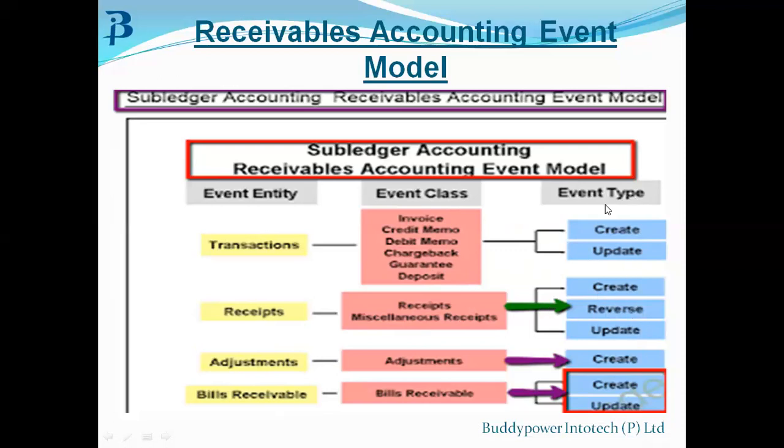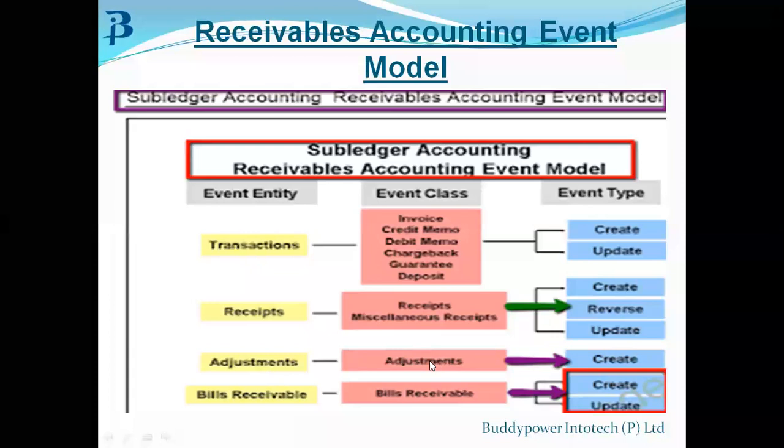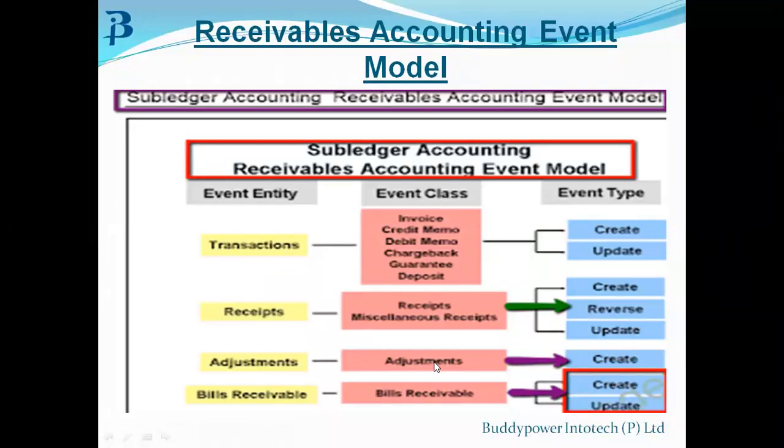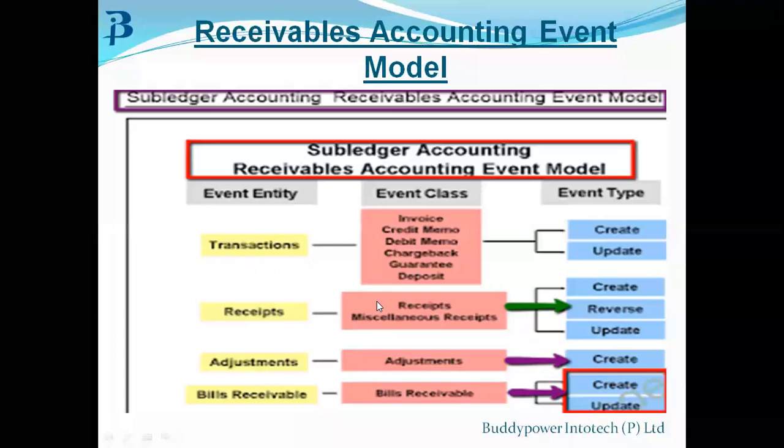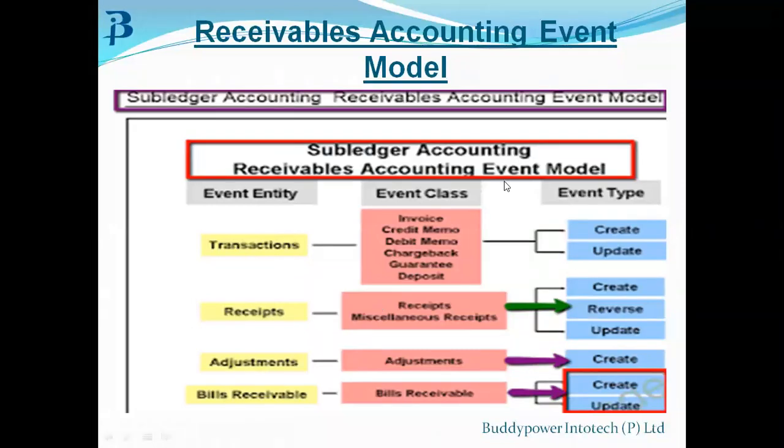These are your event types and event classes. Under adjustments, if an adjustment is to be made in your receipts, you do it by creating an adjustment entry. Under bills receivable, once you receive, you create and update those receipts. So these are your event type, event class, and event entity. Are you clear with that? Any doubt here? No. Okay, so this is your event model.